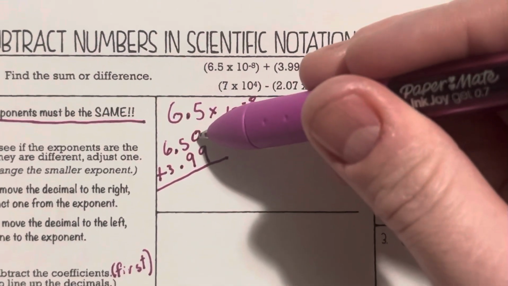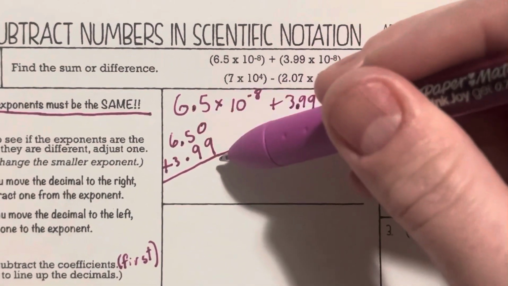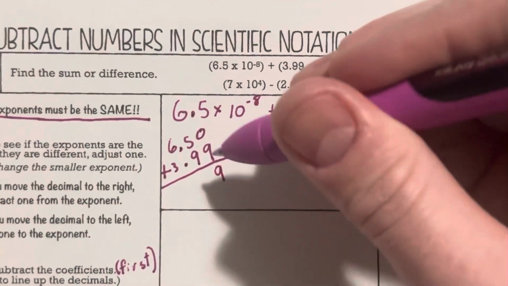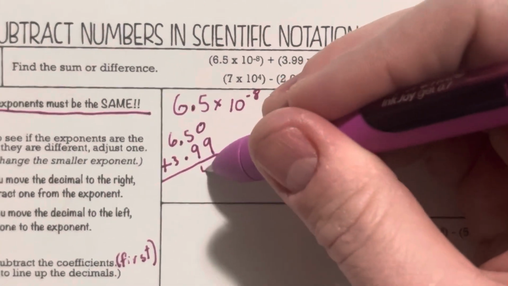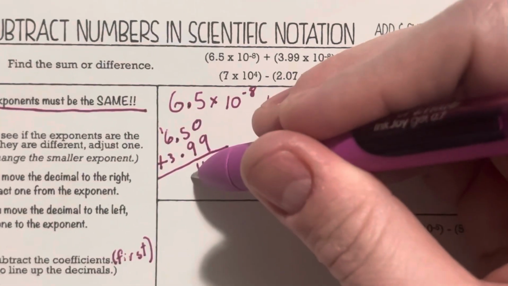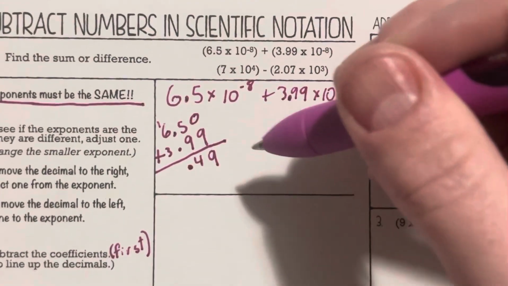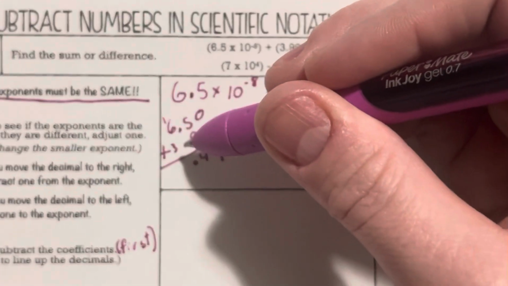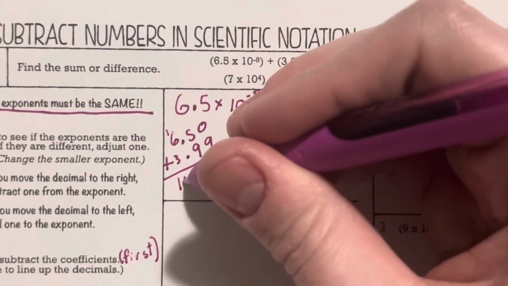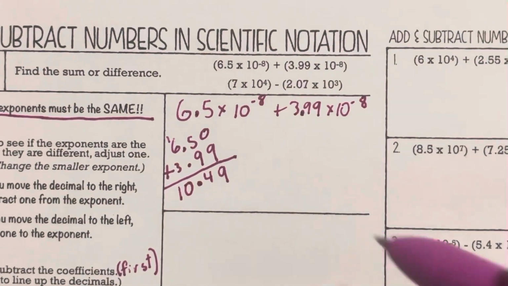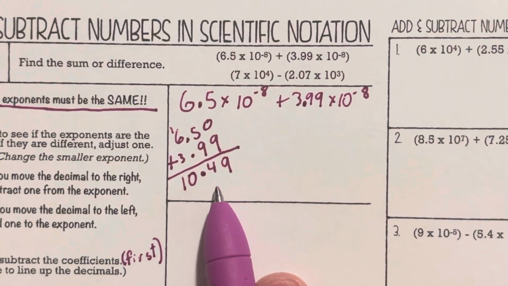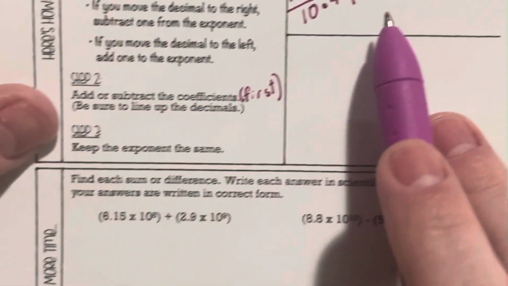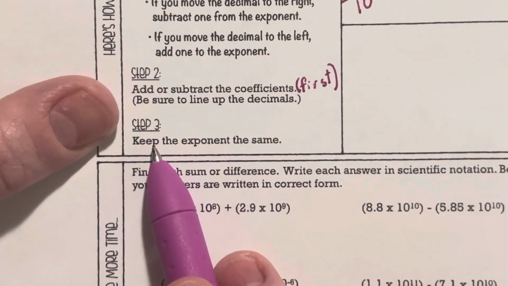Notice I put a 0 right there just to hold that place. Now we can add. 0 plus 9 is 9. 5 plus 9 is 14. Carry the 1. Bring down my decimal. 6 plus 1 is 7. Plus 3 is 10. There, we have the first part of our answer in scientific notation. Now we're ready for step 3.